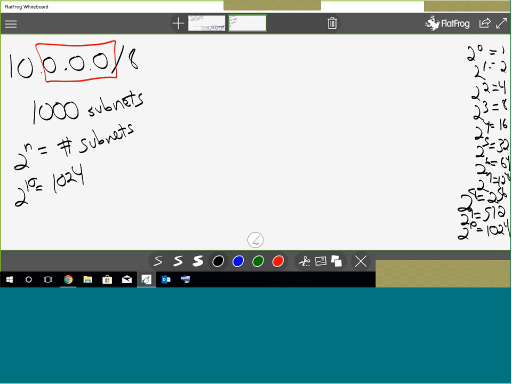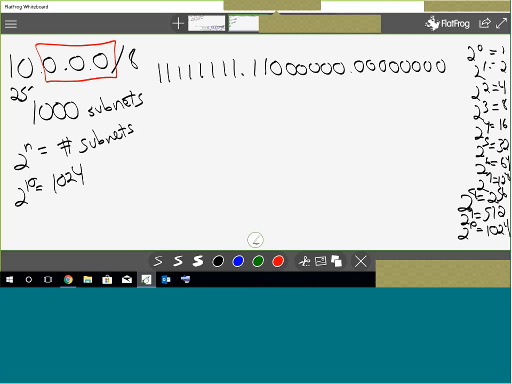1, 2, 3, 4, 5, 6, 7, 8. 1, 2, 3, 4, 5, 6, 7, 8. 2, 3, 4, 5, 6, 7, 8. Okay? So what's our new mask when we borrow 10 bits? We know it's 255.0.0.0, but when we borrow 10, what does it become?